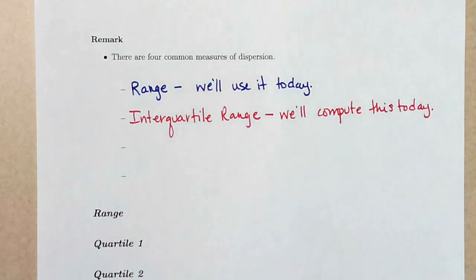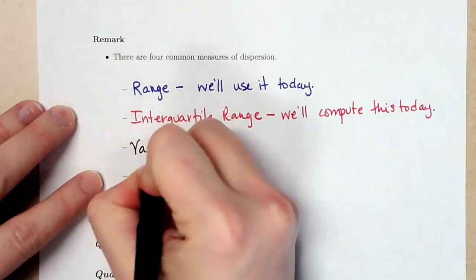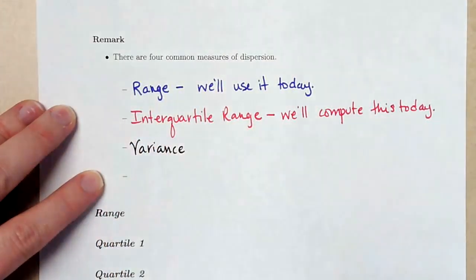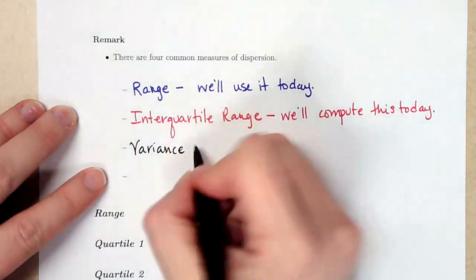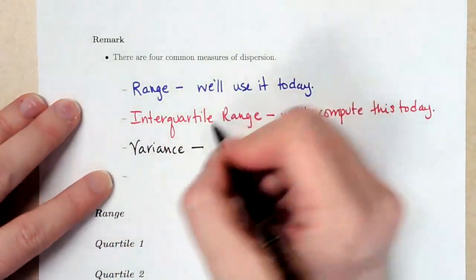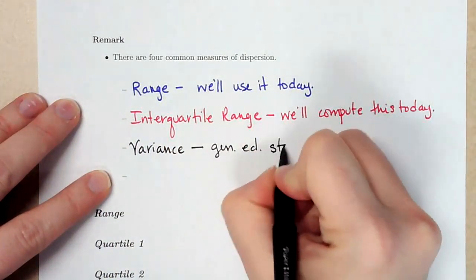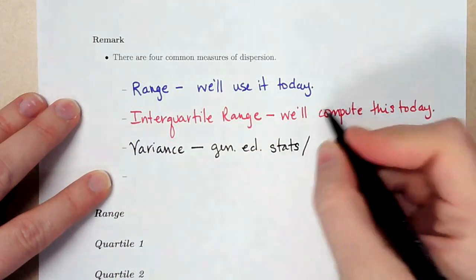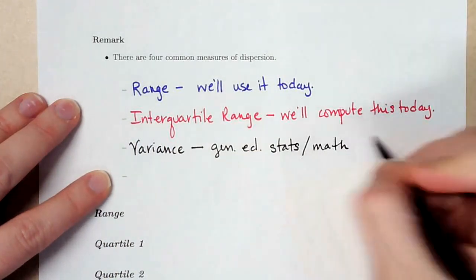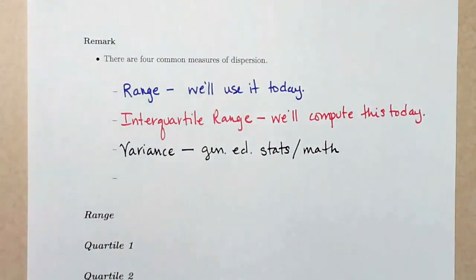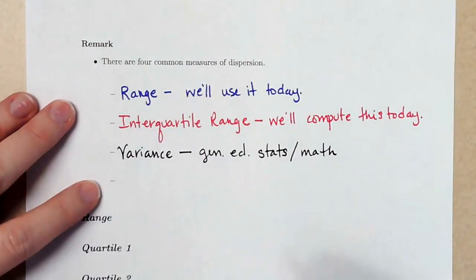There's also something called variance. You might see this in gen ed stats, which is Math 102, or Gen Ed Math, which is Math 104, a class that comes directly after this if you need it, but it won't be in 095.